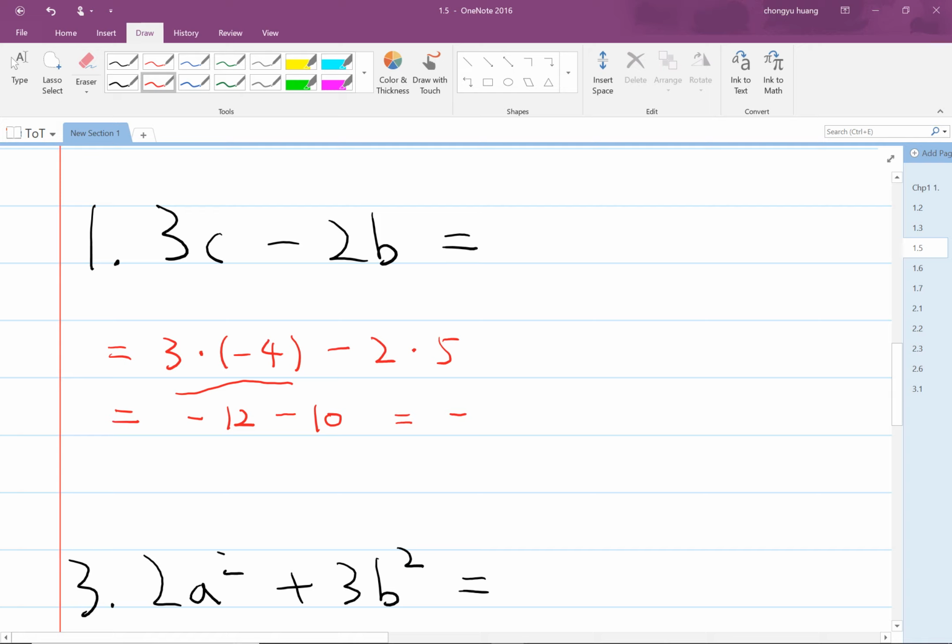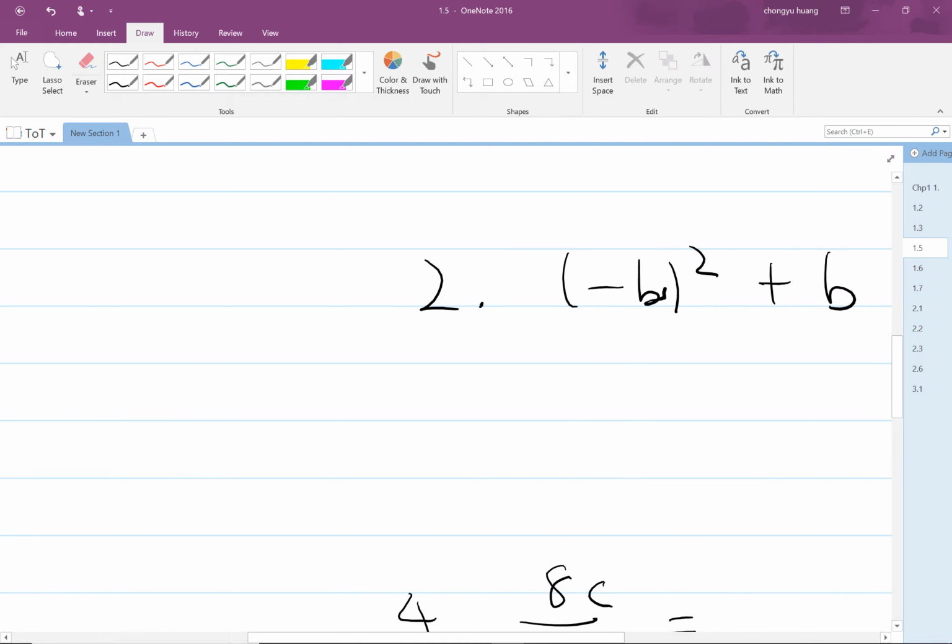Both of them are negative, so the result will be negative. You add up the two numbers, 12 plus 10 is 22, so the final solution is -22. So this is question 1.